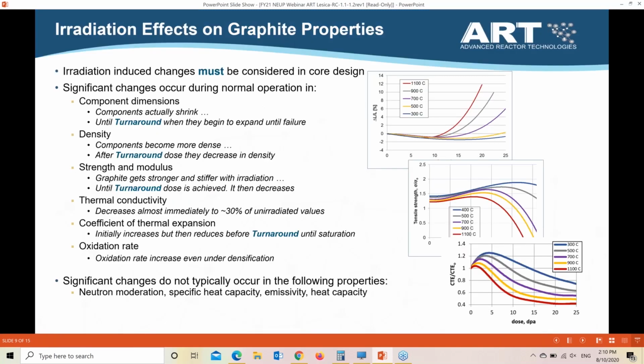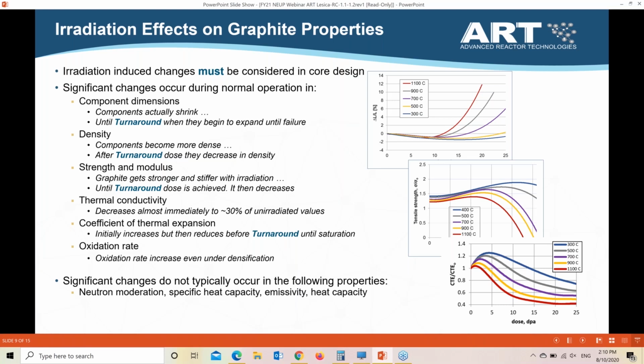So now we'll switch gears a bit to the second topic, which focuses on irradiation effects on graphite properties. What we know about graphite is that significant changes occur during normal operations. Component dimensions first shrink until turnaround, when they begin to expand.